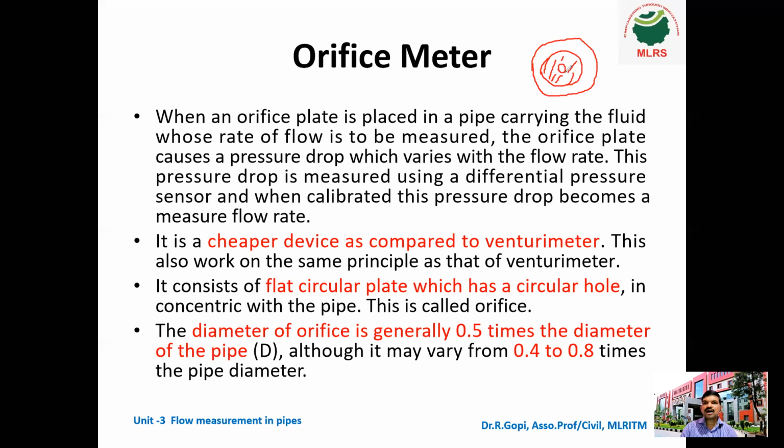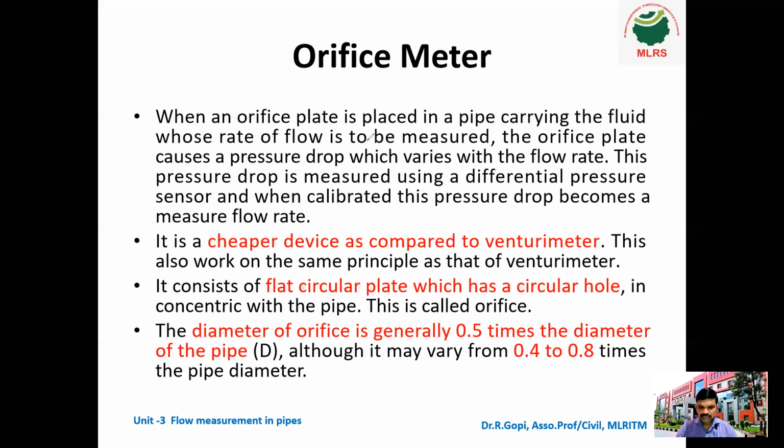While entering the orifice plate, the water flows through this small diameter. That is the flow of water taking place in the orifice plate. When an orifice plate is placed in a pipe carrying fluid whose rate of flow is to be measured, the orifice plate causes a pressure drop.